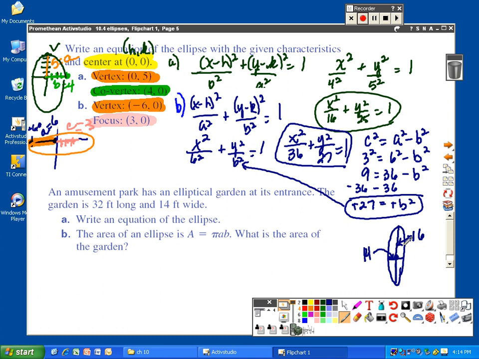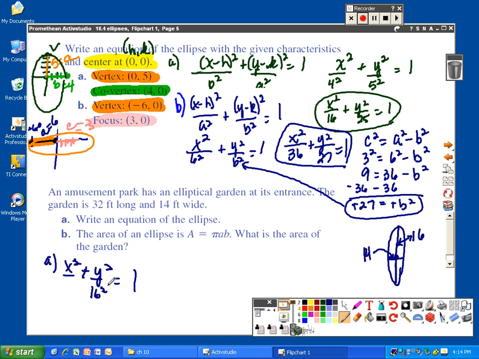My center is (0, 0), so that part's going to be x. It's elongated on the y. So it's going to be x squared plus y squared equals 1. Elongated on the y, a is 16. This should be 16 squared. B is 14.